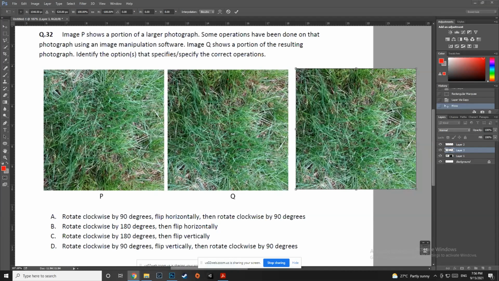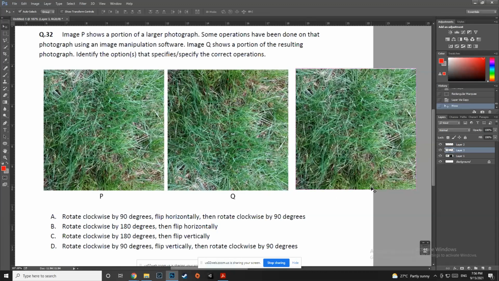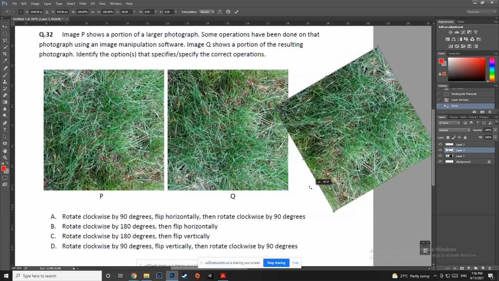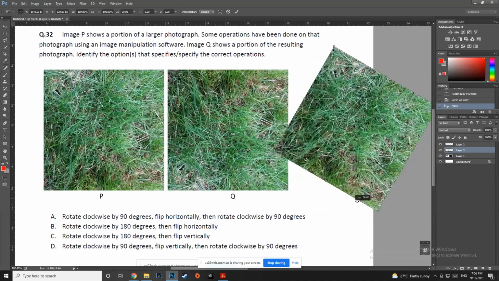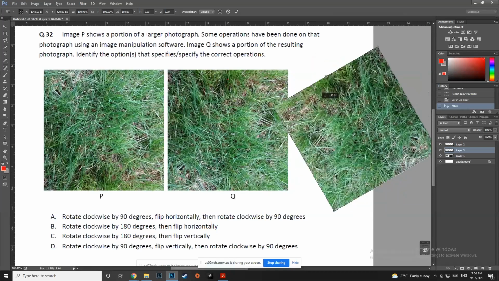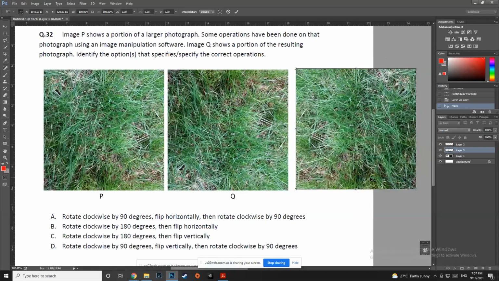So you do get option Q when you take the operation B, right? Now, just a second. Let's try option C. Rotate it clockwise 180 degrees and then flip it vertically. Do we get option Q?